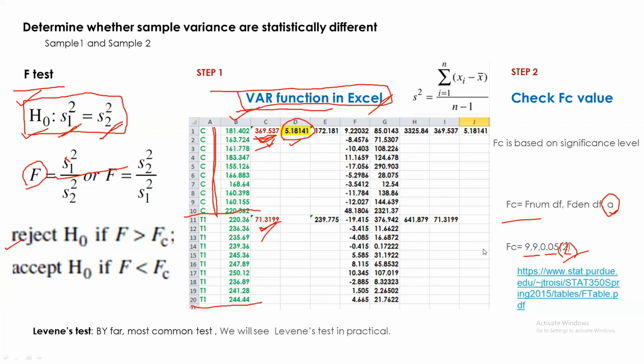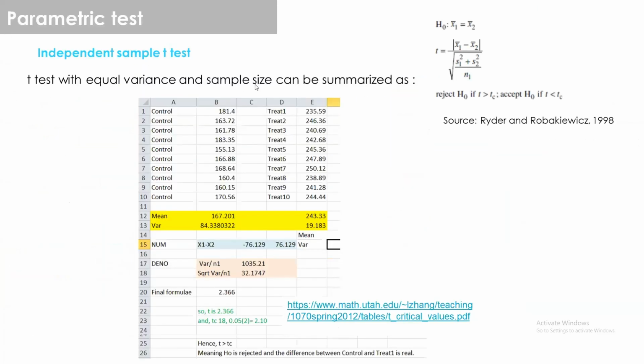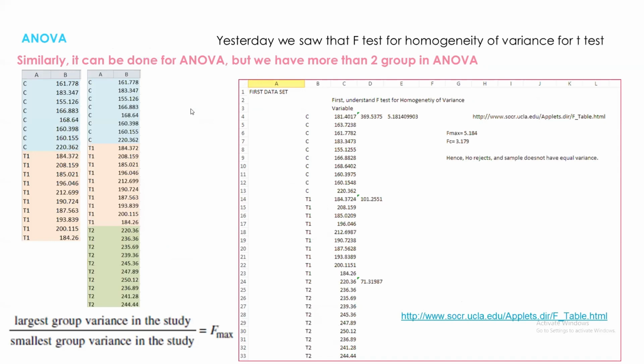However, if you remember, yesterday I said that this F-test for the homogeneity of variance which we performed yesterday is good for t-test. Why so? Because in t-test you have just two different groups, a control and a treatment.